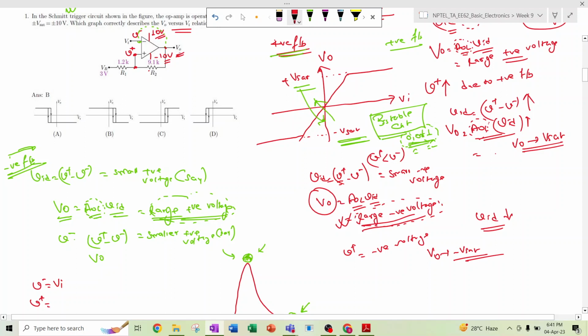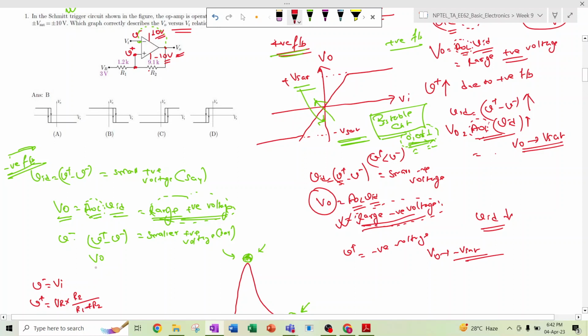If we apply superposition, at first we consider VO as 0, so the only input is VR, with R1 and R2. Simply by using the voltage division rule, we get VR into R2 divided by R1 plus R2. This much voltage appears at V plus, right?